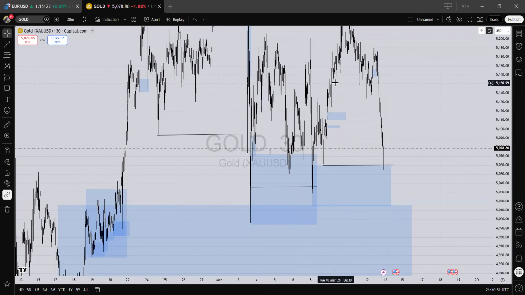Do you use silver as a divergence indicator when trading gold? No. And I hate silver. I've tried to trade that pair.